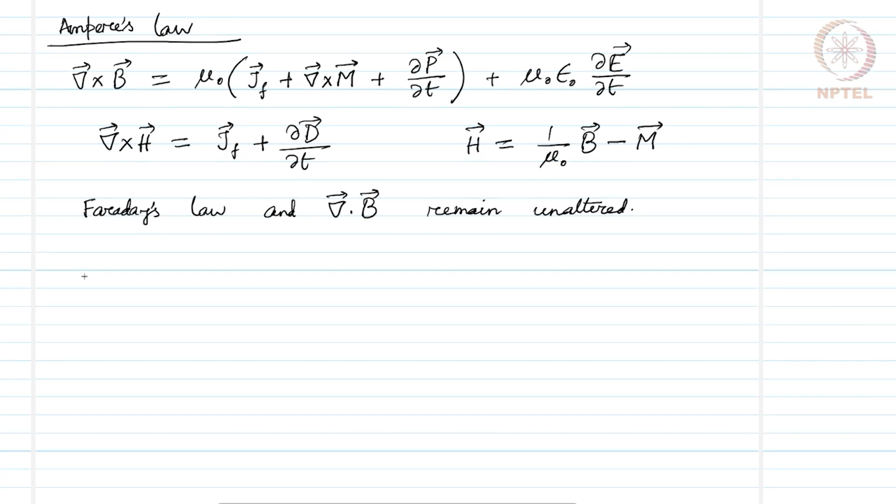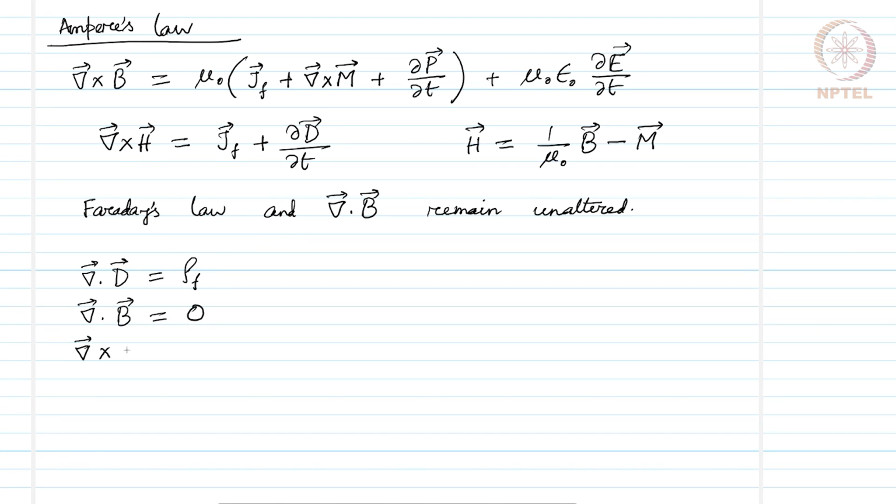So, if we write down all the Maxwell's equations in the presence of matter, we can write it in the following way. The divergence of the displacement vector is the free volume charge density. The divergence of the magnetic field is 0.